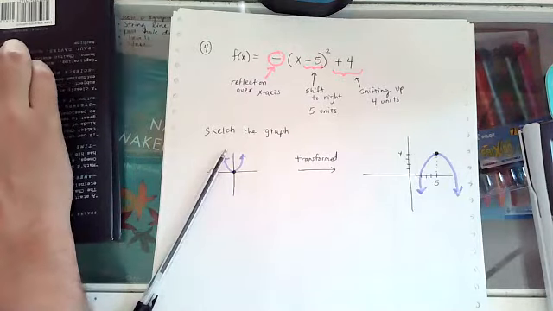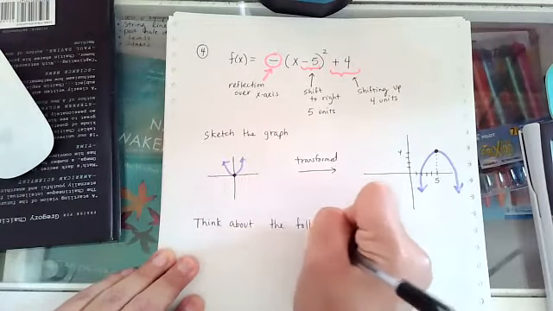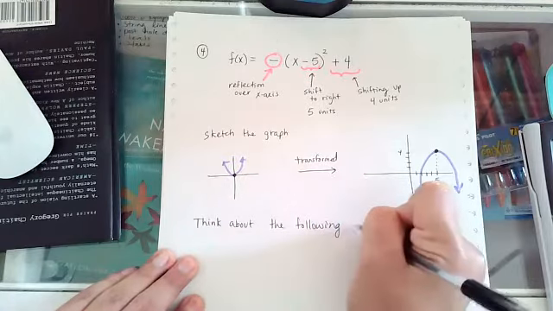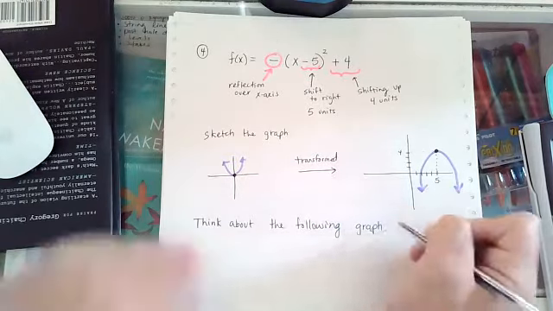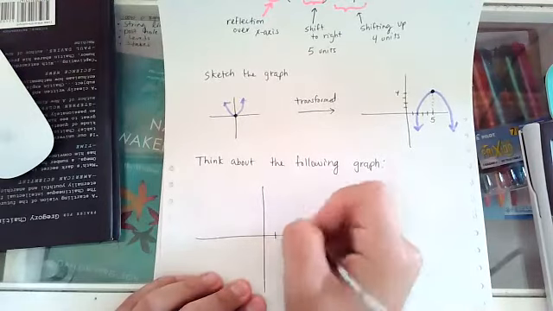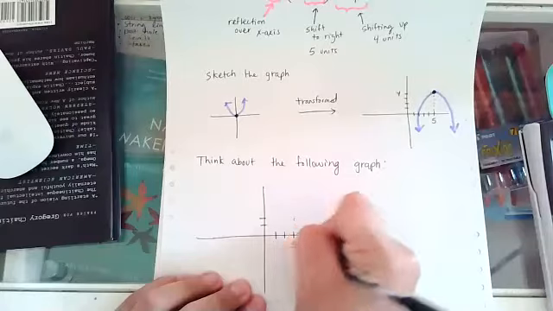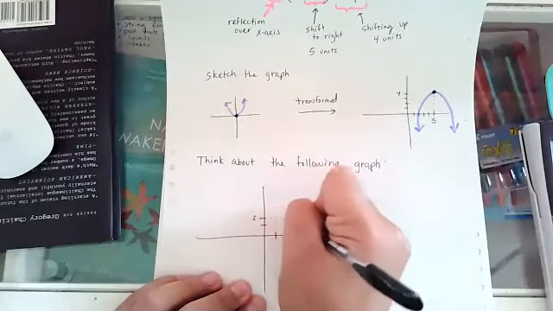Okay, so think about this now. Think about the following graph. One, two, three. 1, 2. This is 3. This is 2.